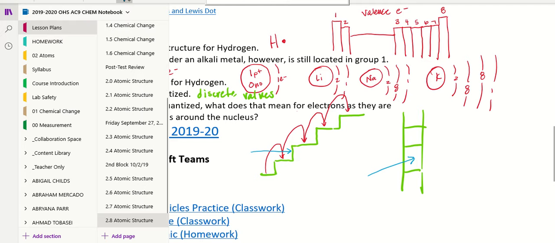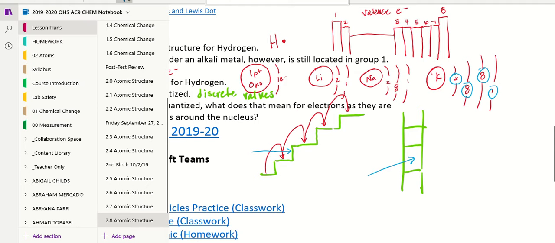Now, when we talk about electrons, where do I place my electrons around the atom? On the energy levels, on the rings. So, I have 2 electrons in my first energy level, 8 in my second, 8 in my third, 1 in my fourth.